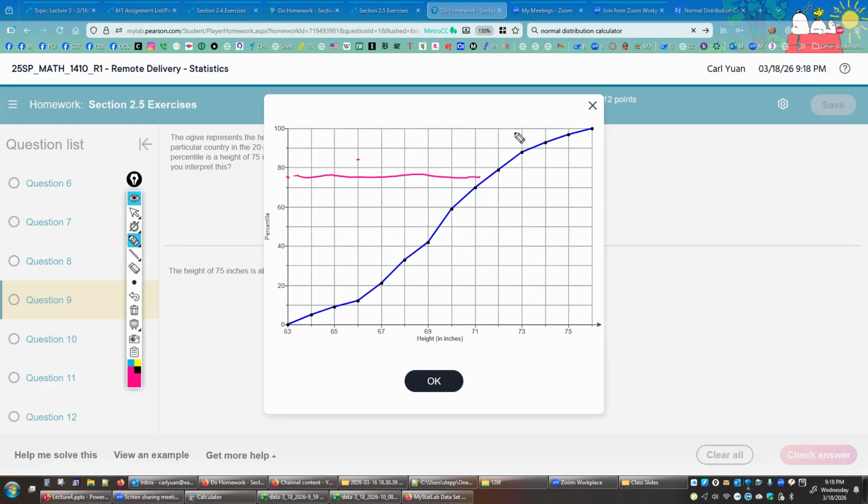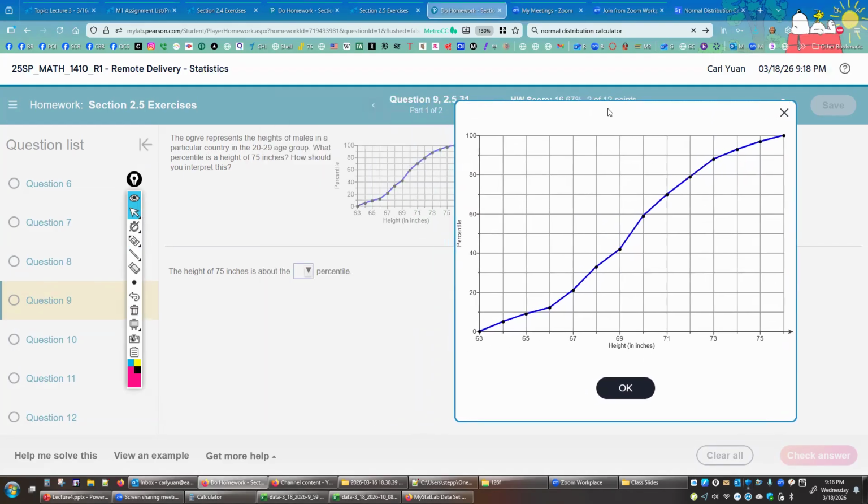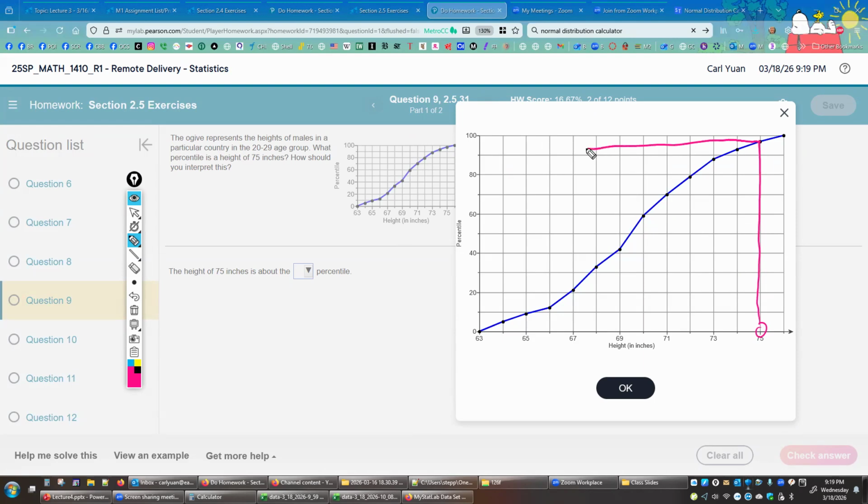Wait, double check, make sure I'm doing it right. Are we looking at 75 inches? No, 75 inches, not percentile. So be very careful. 75 inches is actually here, and we are looking over the 90, 95 percentile even.